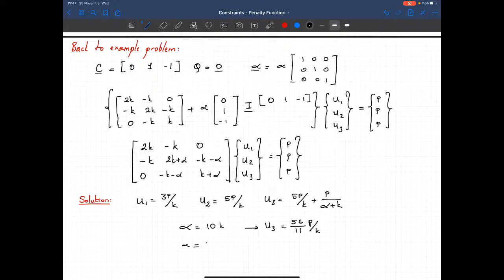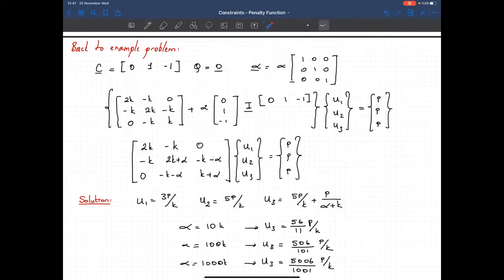Alpha is equal to 100K. In that case, u3 will be equal to 506 divided by 101 P over K. Alpha is 1000. I'm just increasing alpha. As you see, I'm converging to the solution that I want to impose at the beginning of the problem.